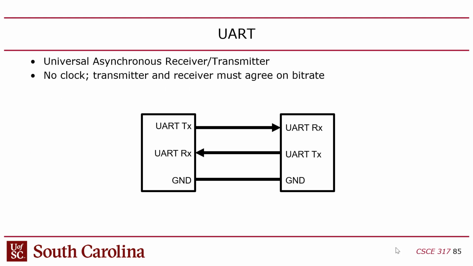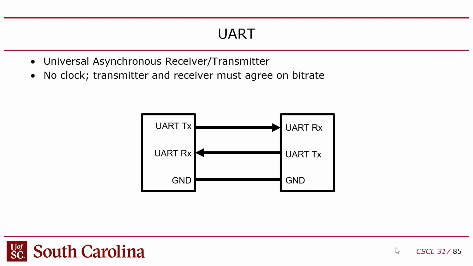The next topic is UART, which is another type of channel. I normally cover this first because it's actually the simplest protocol, but I wanted to cover SPI first so we could get you started on the lab as early as possible. UART stands for Universal Asynchronous Receiver Transmitter, and as you can gather from the name, it is an asynchronous protocol, meaning it has no clock. And that's also the most annoying thing about it.